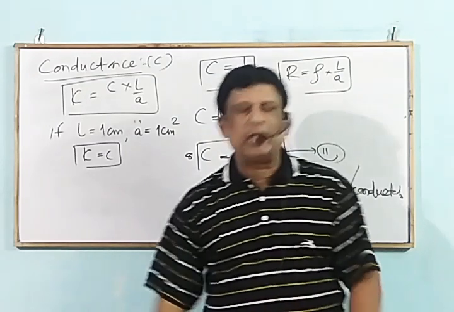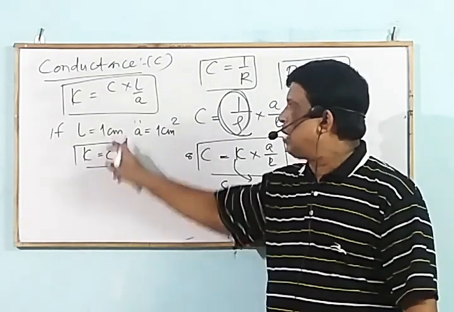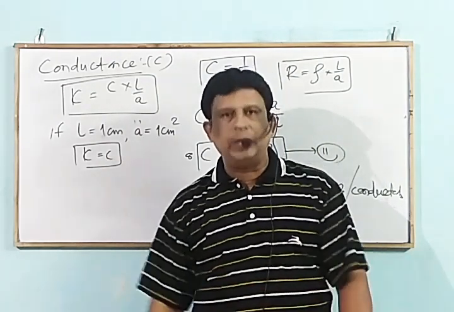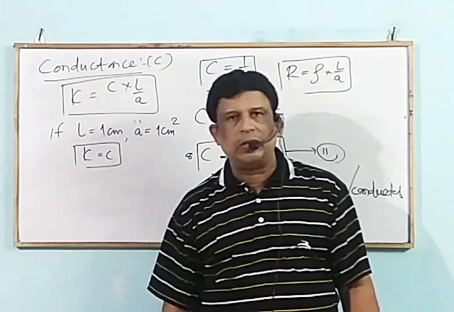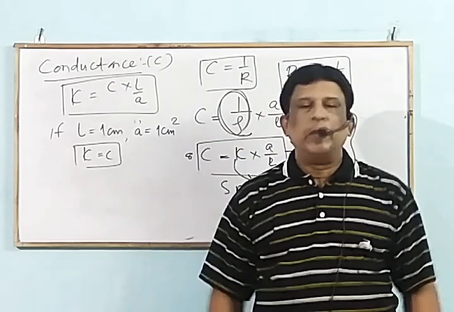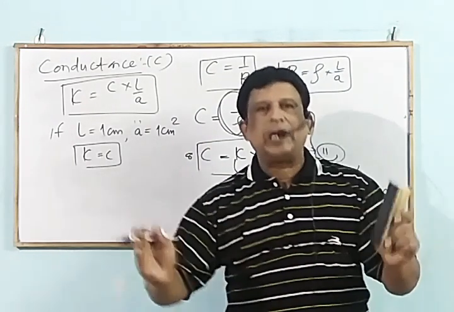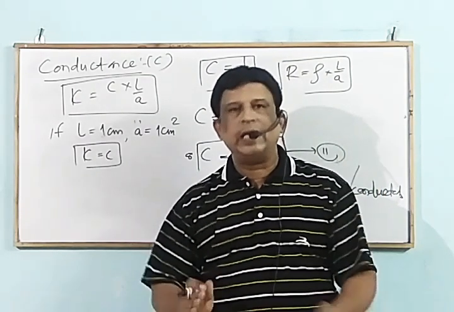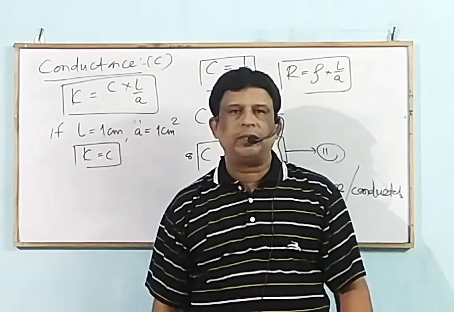In case of an electrolyte, specific conductance is also defined as the conducting ability of the electrolytic solution when it is placed between two electrodes separated by unit length and having unit cross-sectional area.